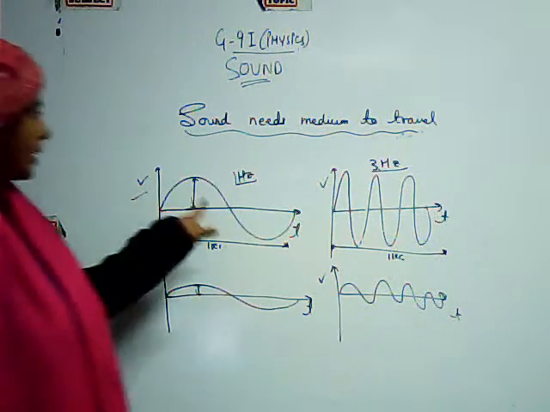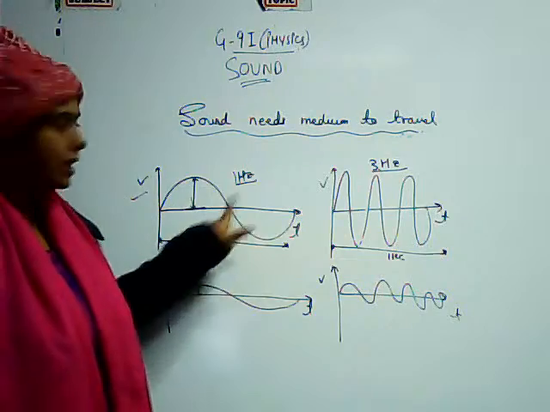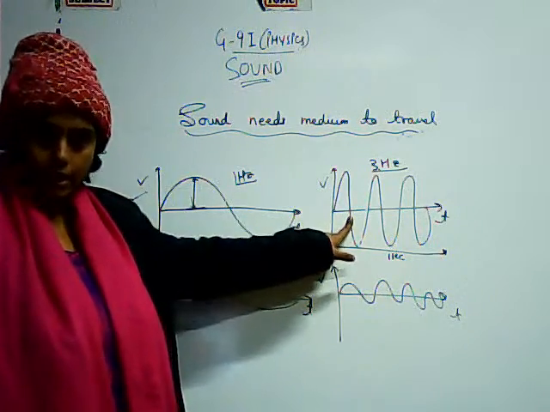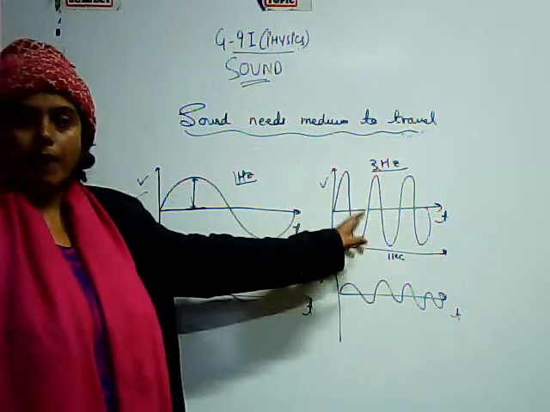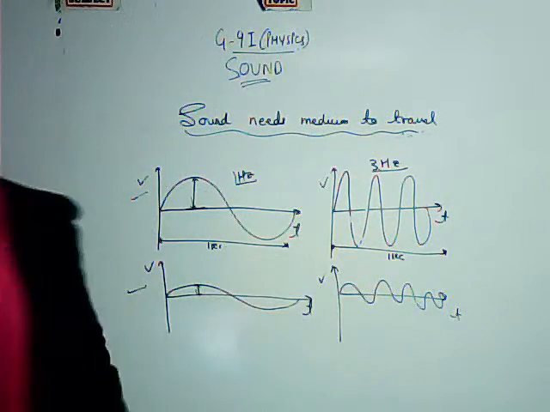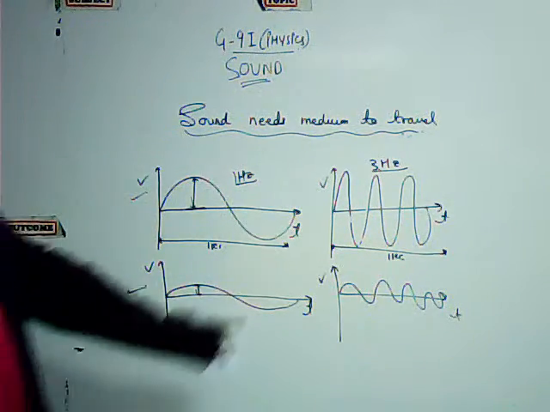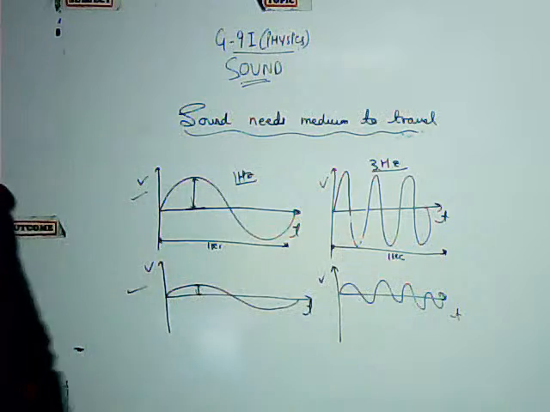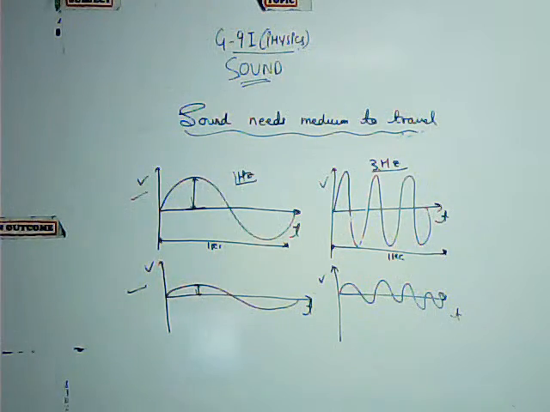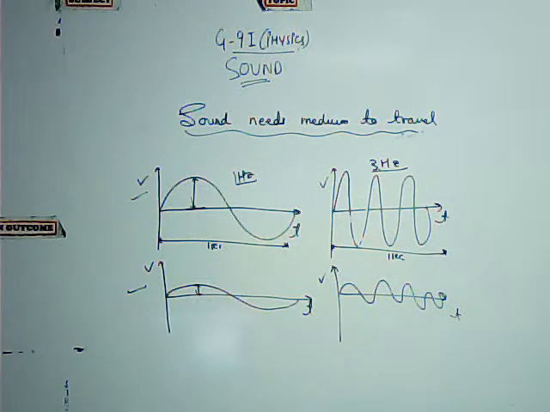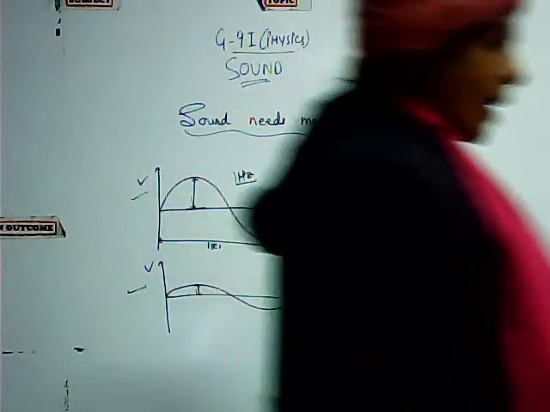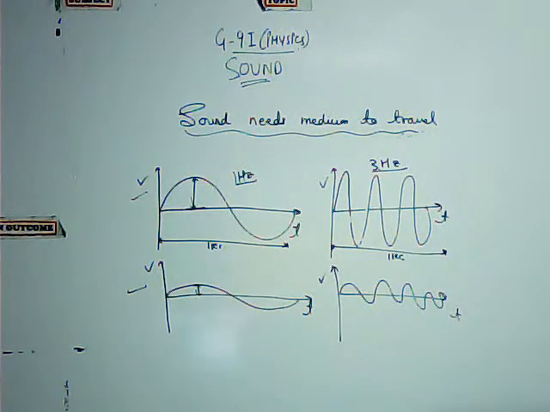Pitch को relate करेंगे. Here the frequency is 1 hertz. Here the frequency is 3 hertz. So out of these two, the frequency is maximum in this case. Therefore, the pitch is maximum in this case, and the pitch is minimum in this case. Is the point clear? How you can have the maximum or the minimum pitch?